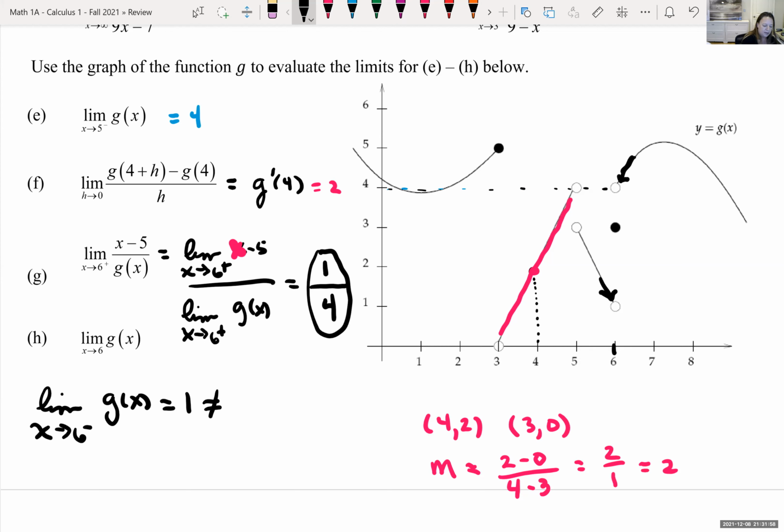This does not equal the limit as x approaches 6 on the right of g of x, which we saw in the problem above, that was 4. Therefore, the limit as x approaches 6 is undefined or does not exist.